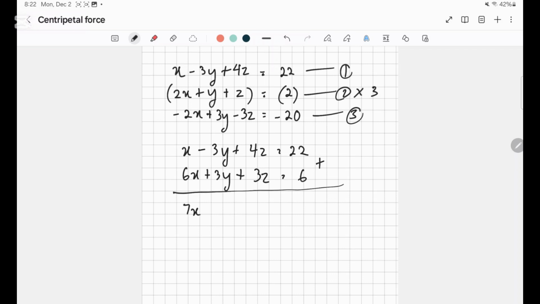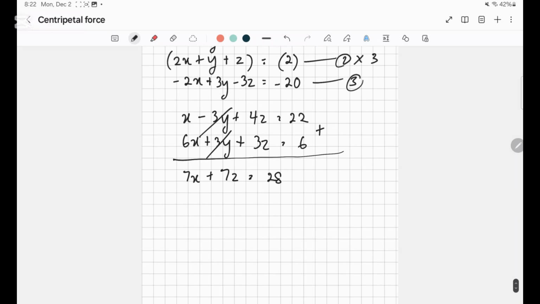So you get 7x, minus 3y plus 3y is 0y, so that cancels off, and 4z plus 3z is 7z, equals 28. You can see 7 is common, so x plus z equals 4, right? 28 divided by 7 is 4. So now we have one equation. Write it as equation number 5.